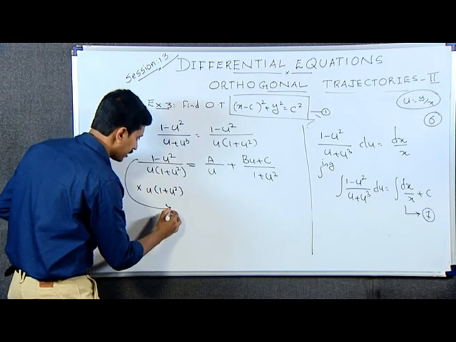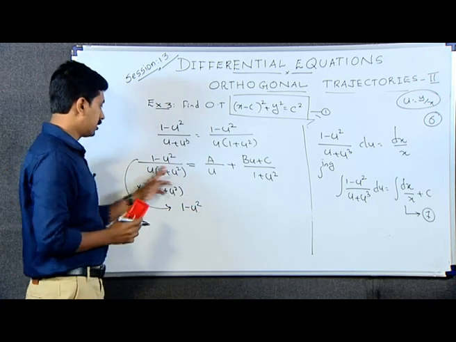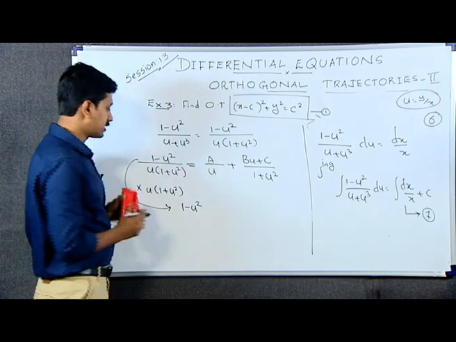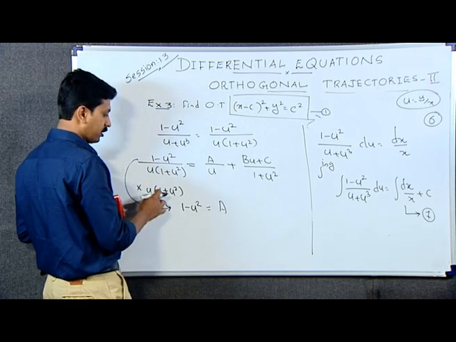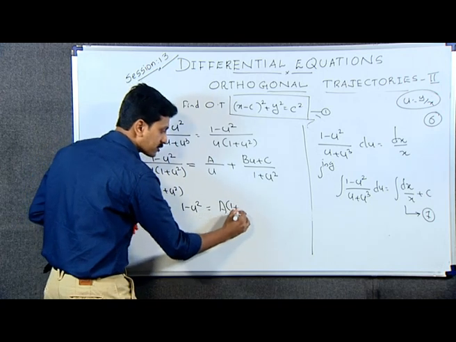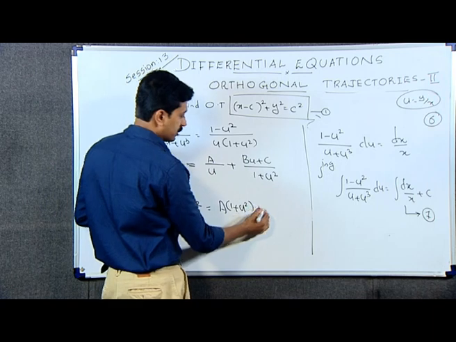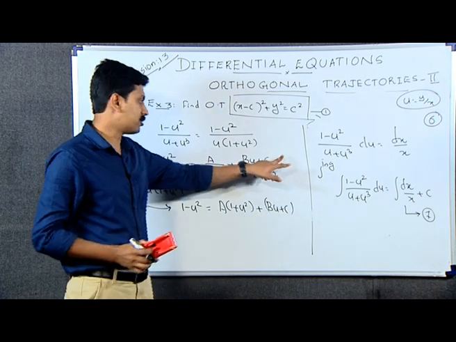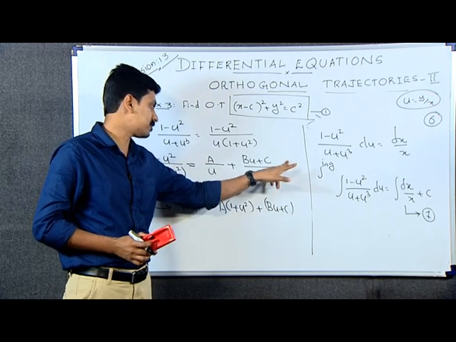Therefore, what will happen? 1 minus u square remains here as numerator. This will be cancelled with u into 1 plus u square, and this is equal to a into u into 1 plus u square, which cancels u and u. The remaining is only 1 plus u square, and plus b u plus c, where the 1 plus u square term cancels from numerator and denominator.